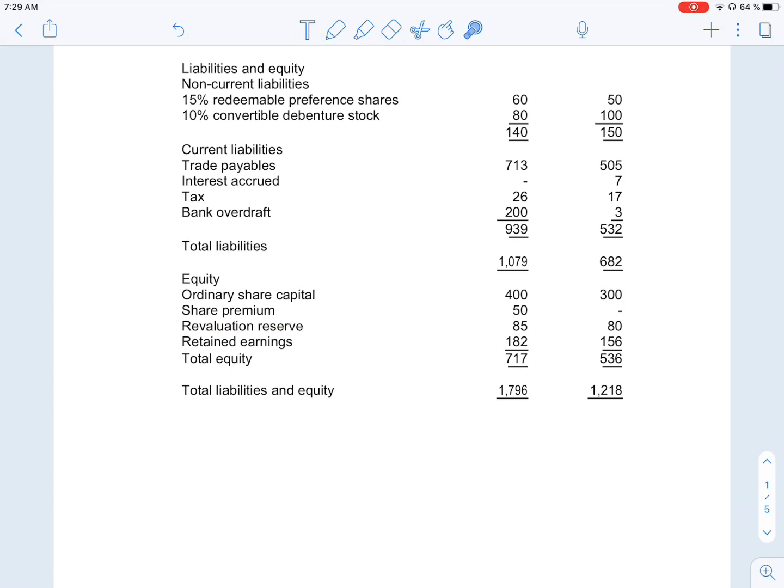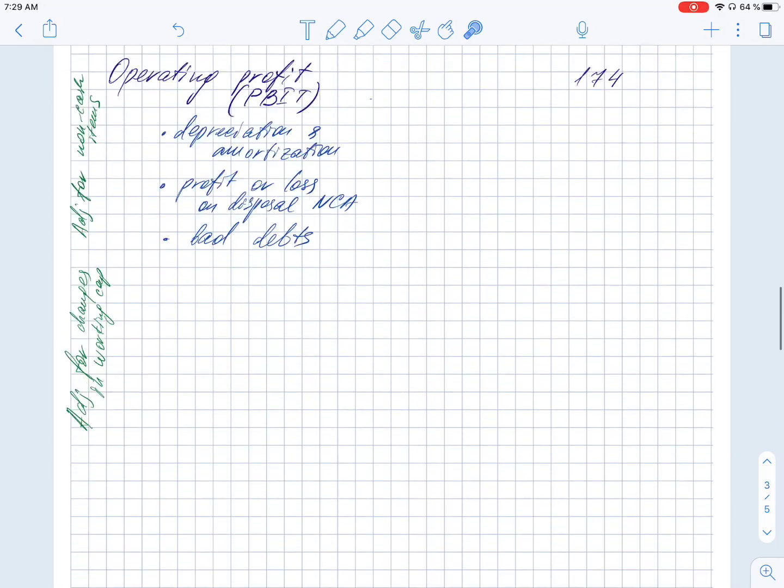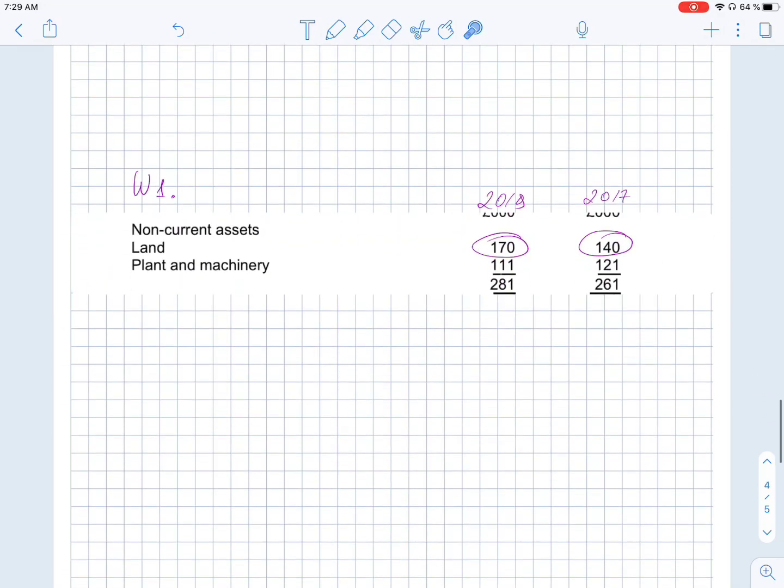Since the total increase in revaluation reserve is 5, we can assume that the land was revalued from 140 at the beginning of the year to 145 during the year. But at the end of the year, eventually we have 170.